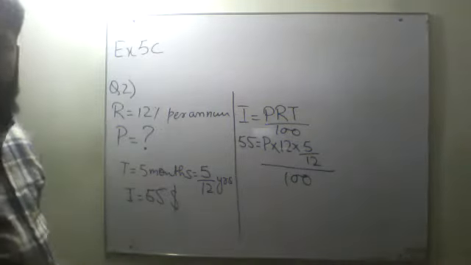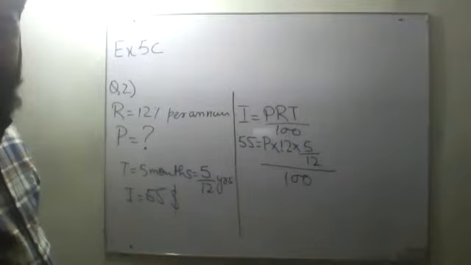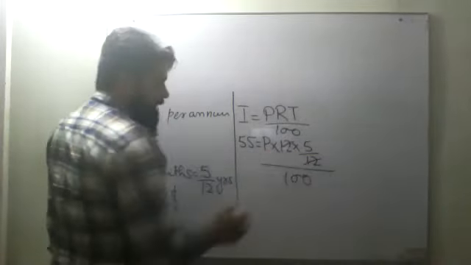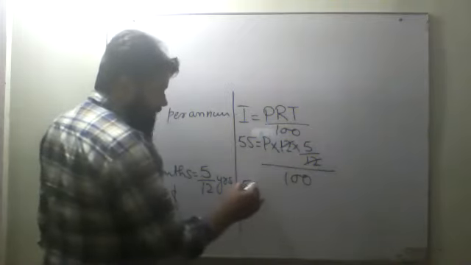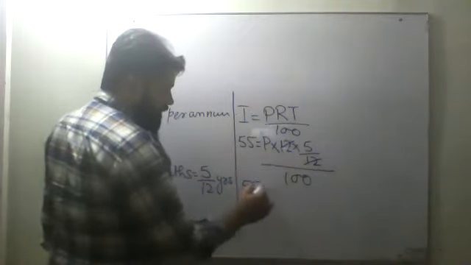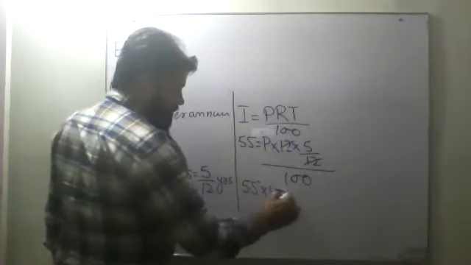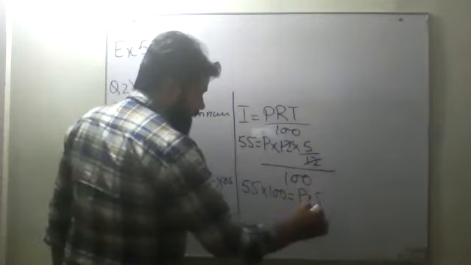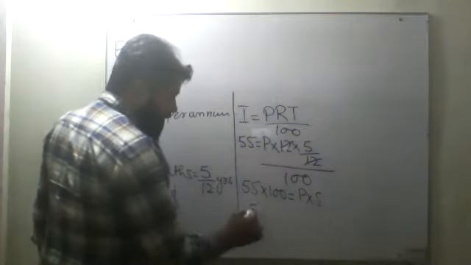So when I simplify it, 12 and 12 will be cancelled. 100 will be shifted over here, and P multiplied by 5, this 5 will be shifted over here.